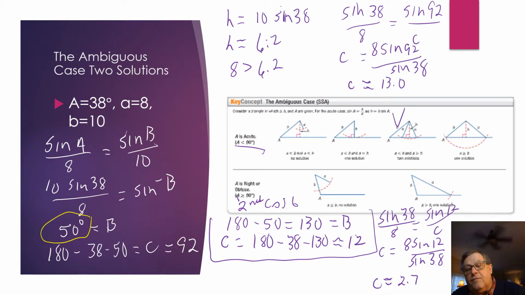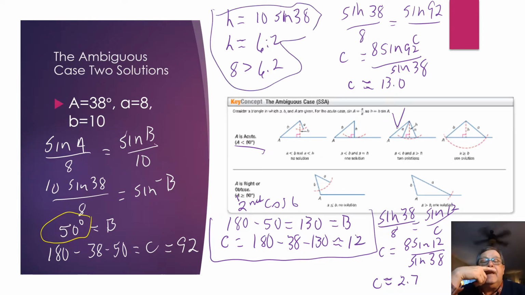We solved for a value of H, which we found to be 6.2, and side A being 8 is greater than 6.2, so we know we have two solutions. Once we had our possible solution of angle B being 50, we calculated angle C by taking 180 minus 38 minus 50, which gave us 92 degrees.